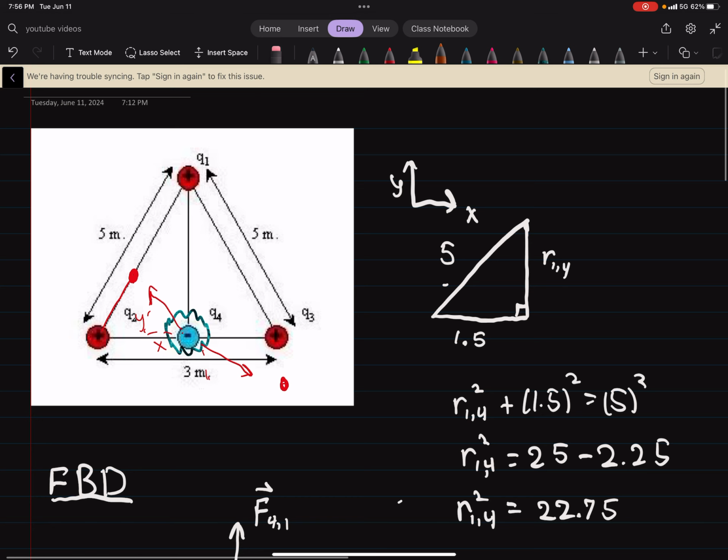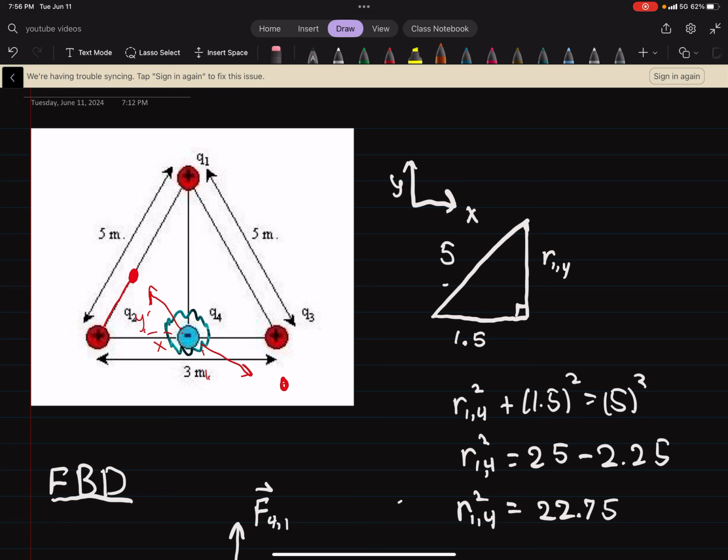So I kind of apologize a little bit to the guy that asked, because as I was starting this video, I was pulling up my phone to look at the values he gave, and I just realized that I'm not exactly sure what he means by that. The charges are not in the same structure.